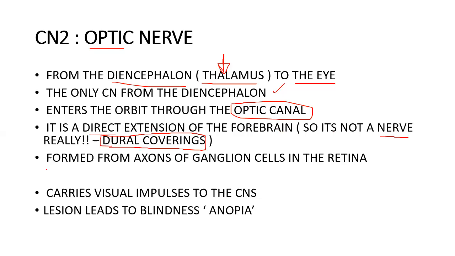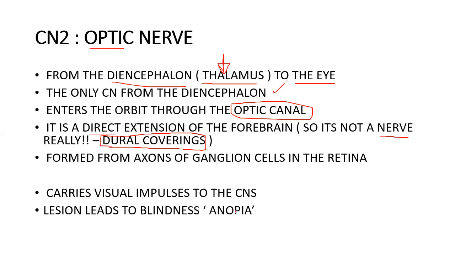It is formed from axons of ganglion cells within the retina. It carries visual impulses to the central nervous system, to the occipital lobe.